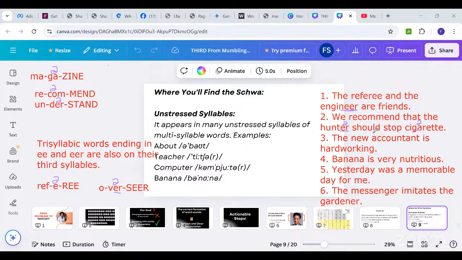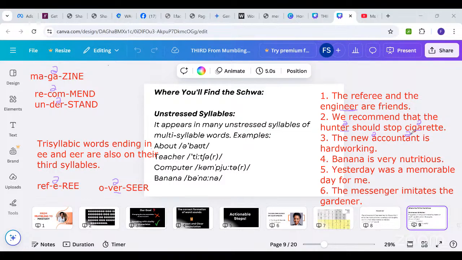The new accountant is hard working. There are two schwas. Accountant. The new accountant. The new accountant is hard working.